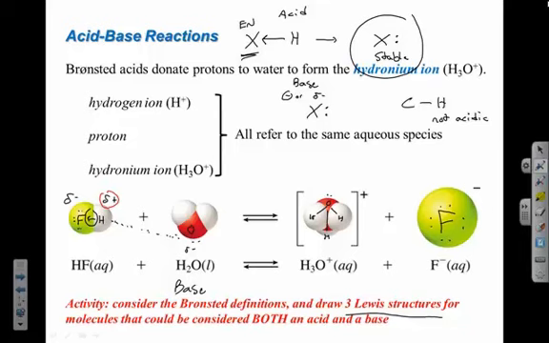The reason for that, so if I've got a carbon here bonded to a hydrogen, or other elements that are low in electronegativity like boron, silicon, phosphorus, those elements, when they're sharing electrons with carbon, don't pull the electrons very strongly from the hydrogen. So when I have carbon sharing electrons with hydrogen, this hydrogen is really not susceptible to being picked up by a base and sharing electrons with a base, because this bond is already pretty strong.